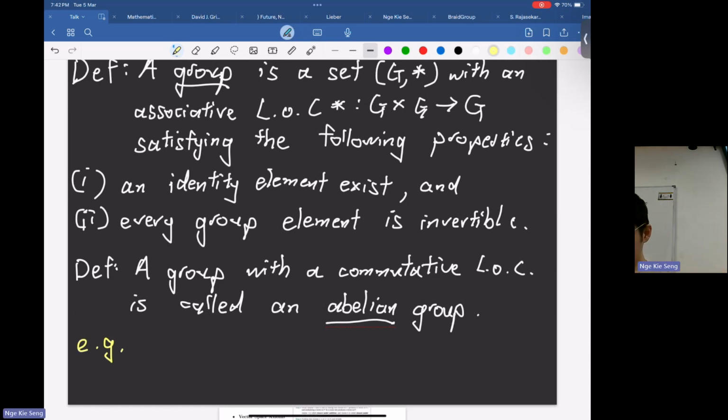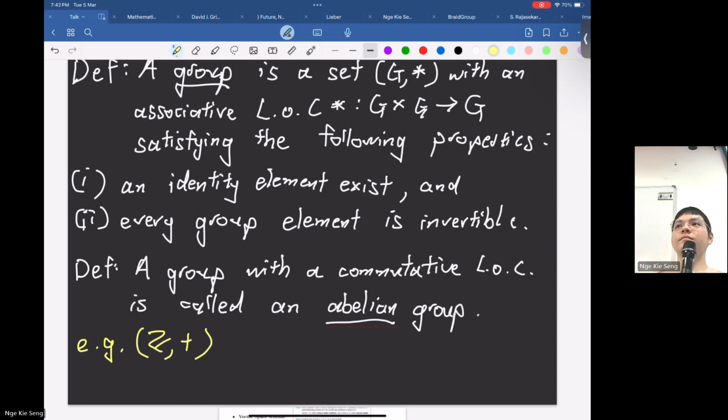So for example, Z with addition is an abelian group. So what's the identity here? What's the thing that when you add to it, you get back yourself? Zero. Good. Okay, so the identity here is zero.